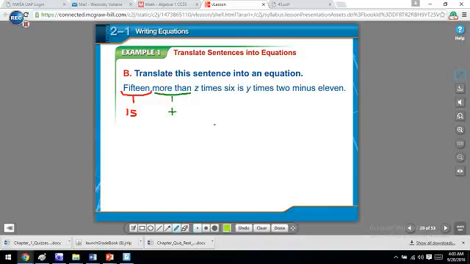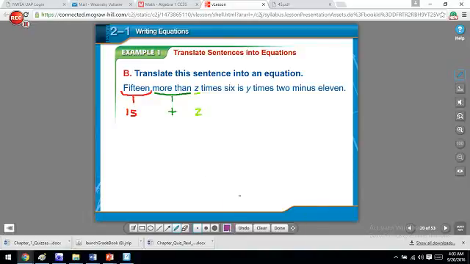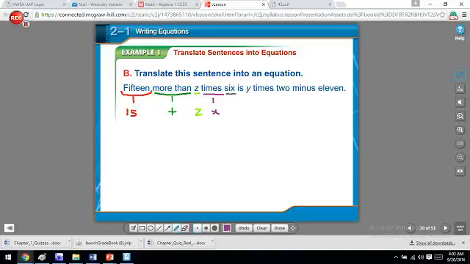We have z, and we can just keep it as z. We also have times, and this would be multiplication. That's not x, but that is times 6.